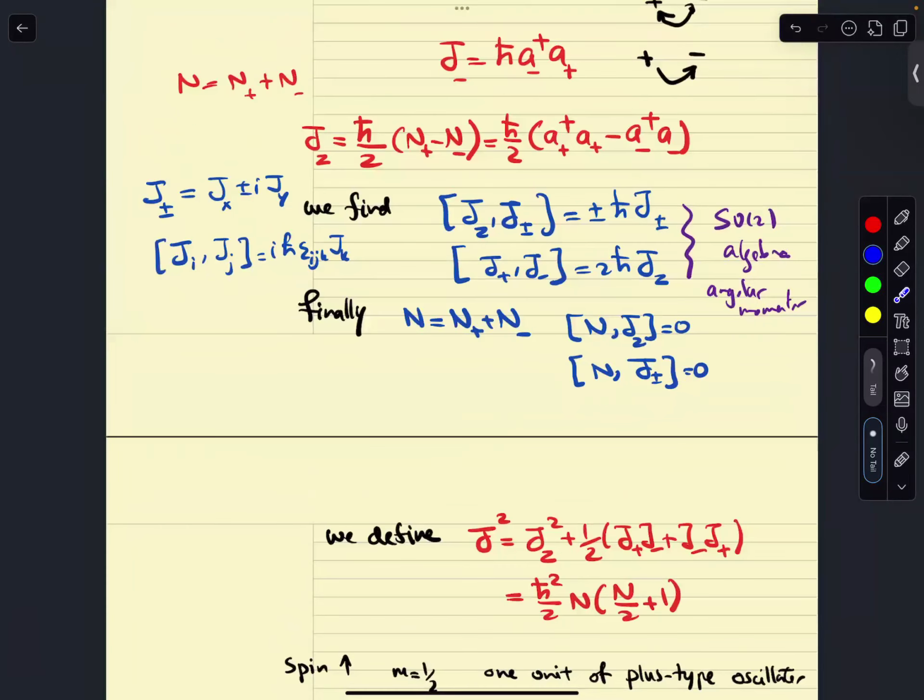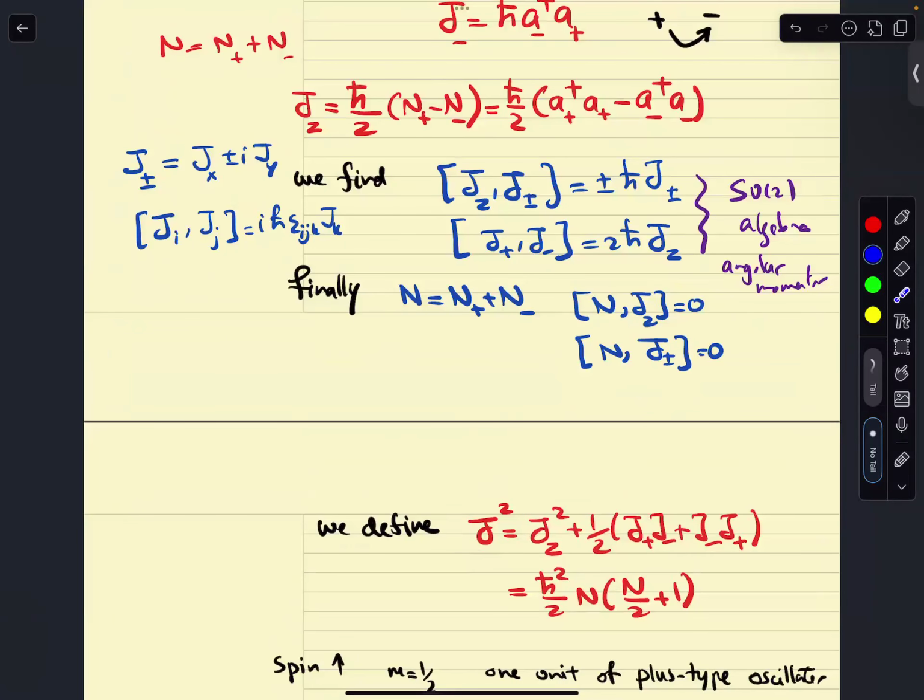You just plug them in and realize that the total spin operator, J squared, is h bar squared over 2 n times n over 2 plus 1. Good. Now it's pretty straightforward to check that this operator also satisfies what you expect, which is it commutes with Jx, commutes with Jy, commutes with Jz. Right? It's in the center.